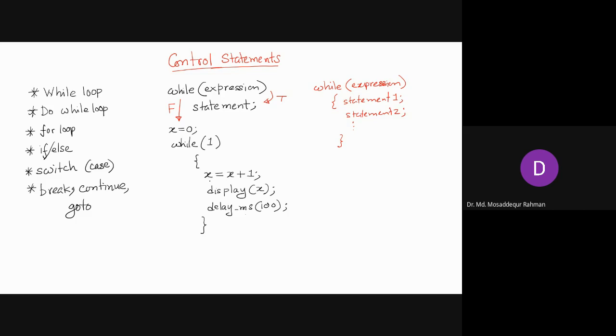The program will keep on running, increasing the value of x and displaying it. Every 100 milliseconds, it will increment the value of x and display it on the display board. Is that understood, guys? Any question?